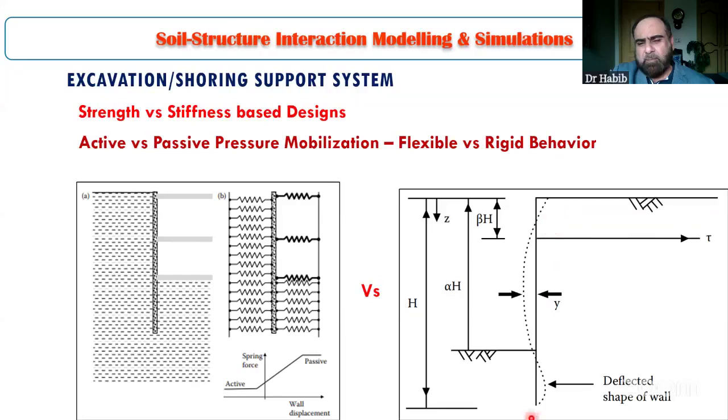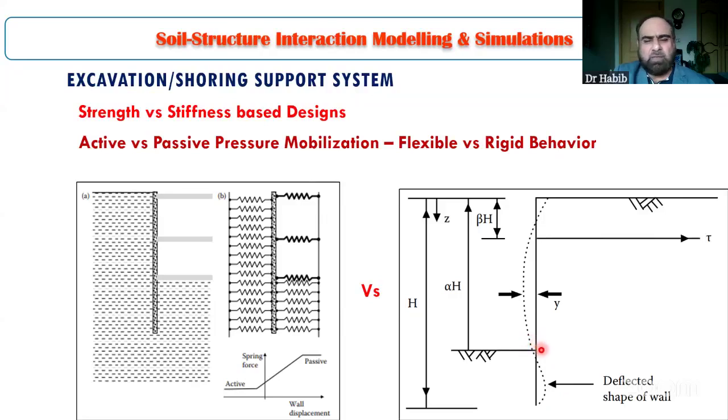Like for this example, this is the deflected shape of the wall after the installation of this anchor. Now we can see here in this part there is passive pressure. We have active pressure only in this one, and it's a partially mobilized active and passive pressure, and here the pressure distribution is different.